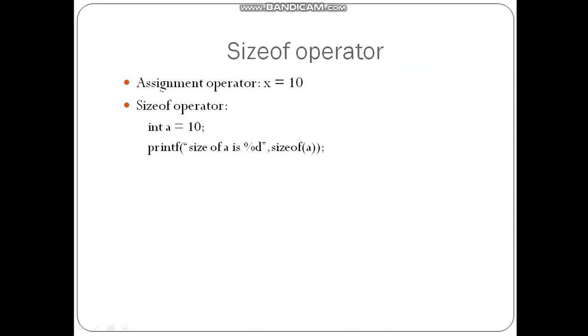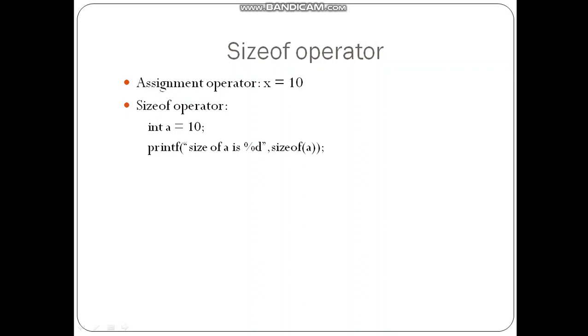The next one is the sizeof operator. This is also a unary operator. Suppose this is a small chunk of code shown here. Suppose we have a variable int a equal to 10. Now if I write printf("size of a is %d") and call the operator sizeof(a), it means: what is the size occupied by variable a in memory?